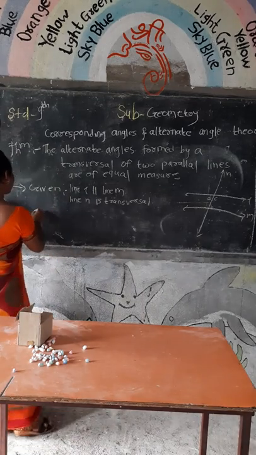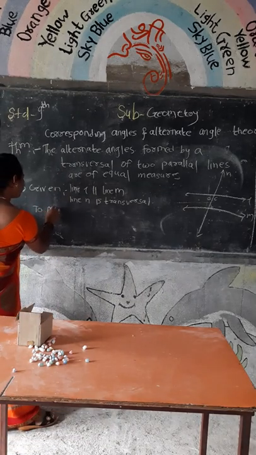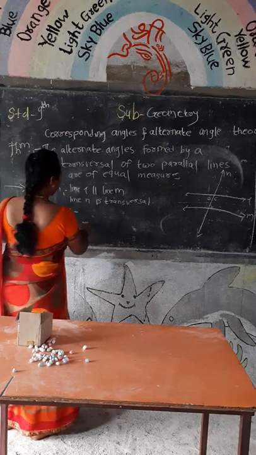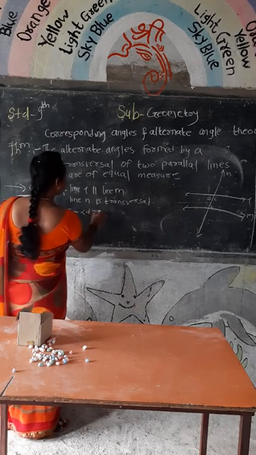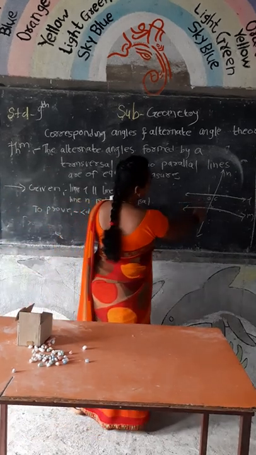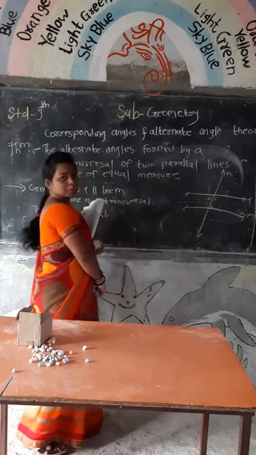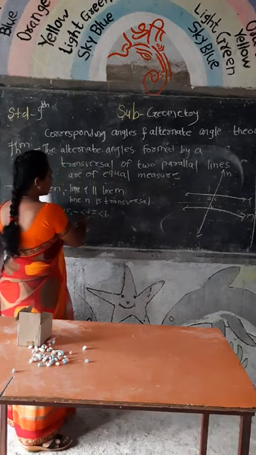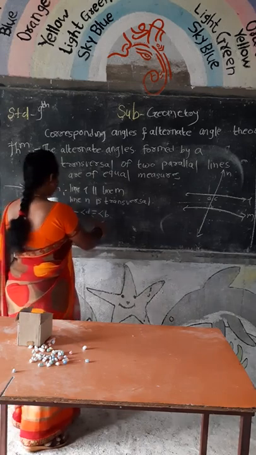Then we have to prove that angle D is equal to angle B. That is alternate angles, angle D and angle B, this pair is alternate.